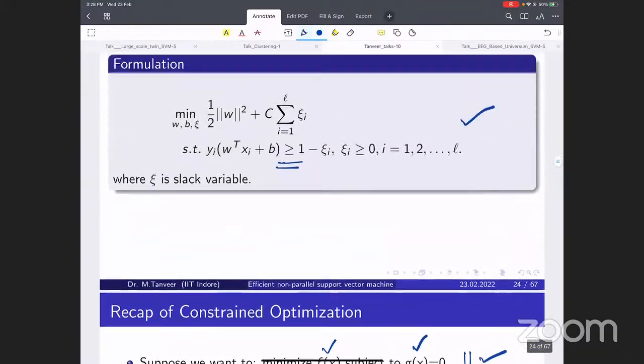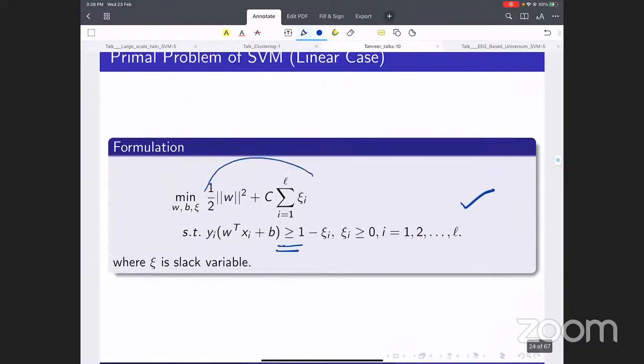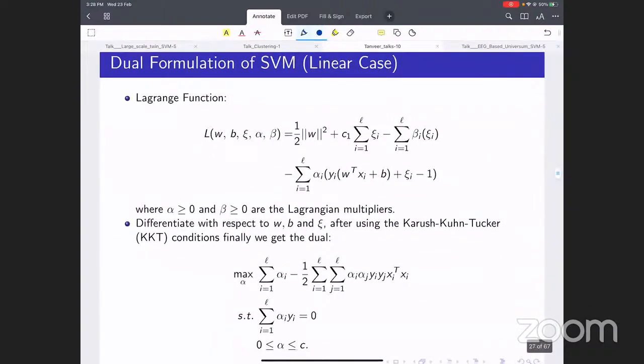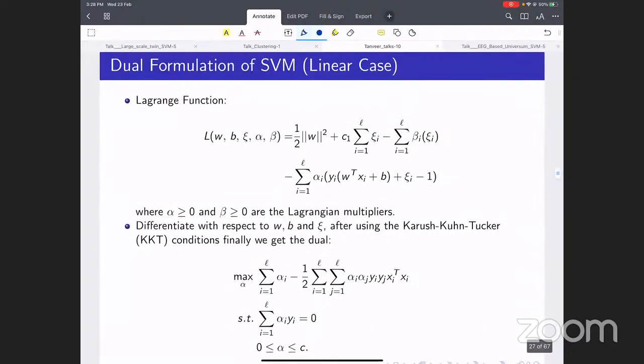The same we will use here: this is the function f(x), and you can make this one g(x) greater than or equal to 0. You can keep it on the left side and write f(x) minus summation beta i xi i and minus summation alpha i. Here alpha and beta are Lagrangian multipliers.